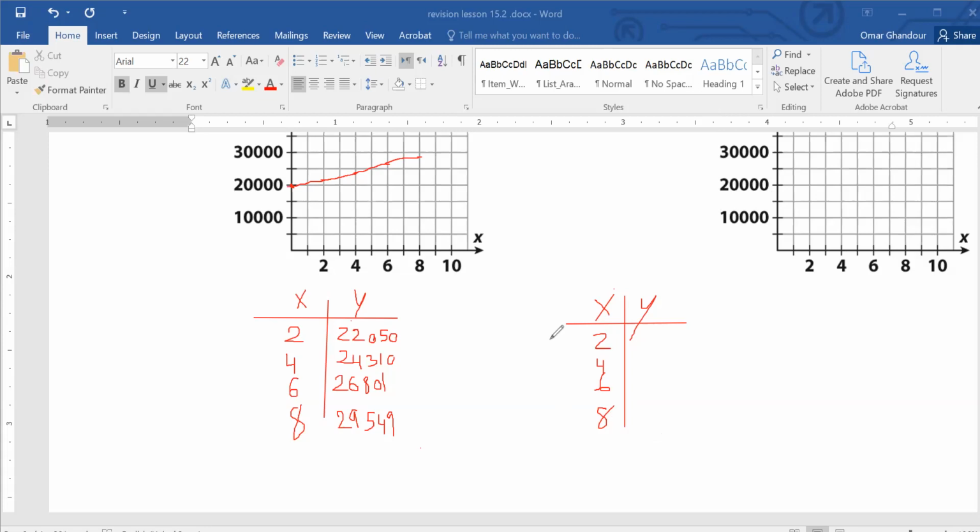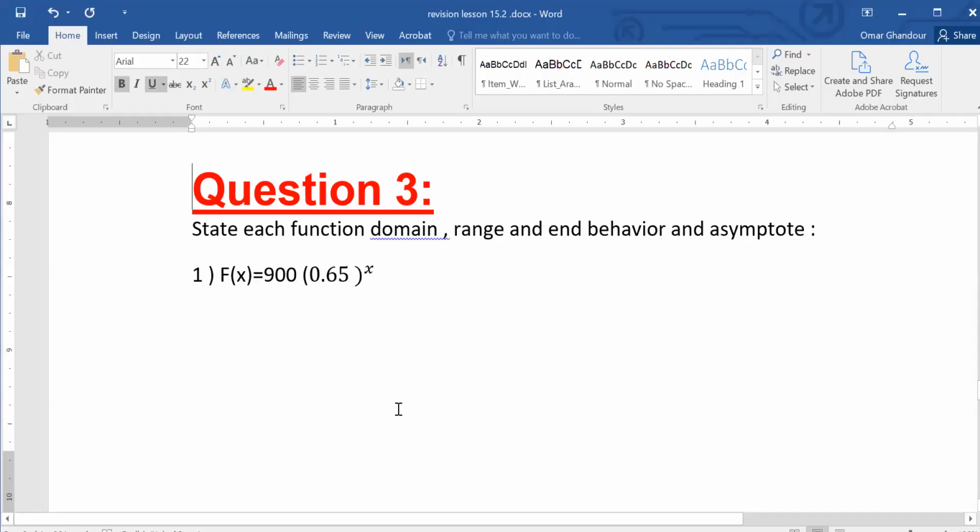Okay, very well. Let's go to the last part of the revision. Question 3, state each function, domain, range, and end behavior. You remember the end behavior? As x goes to whatever, y goes to whatever. You remember? And asymptote. This time, girls, take care between the difference of these functions given in here and the functions in the first 2 questions.